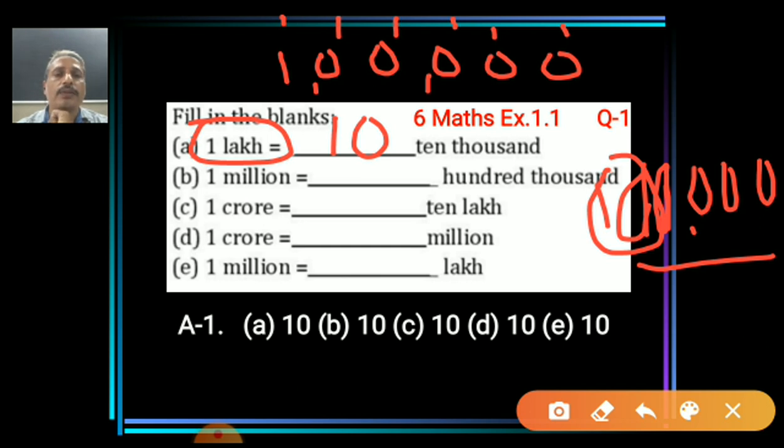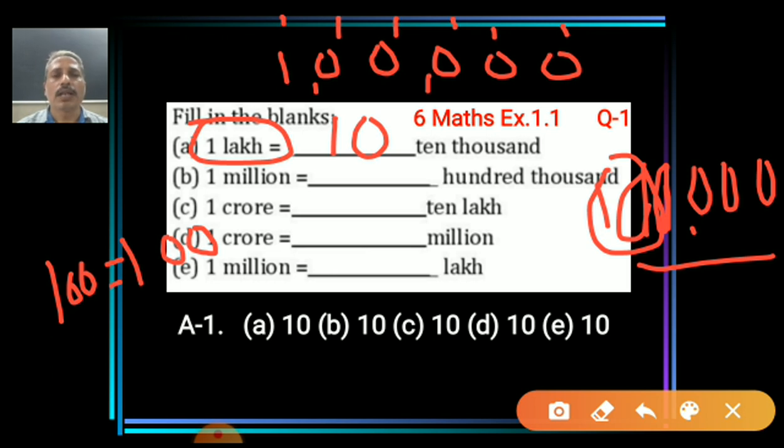Second student has 100 rupees. So both values are equal. Here 1 note of 100 rupees and here 10 notes of 10 rupees. That means this is also 100 and this is also 100. Isn't it, student? Both values are equal.